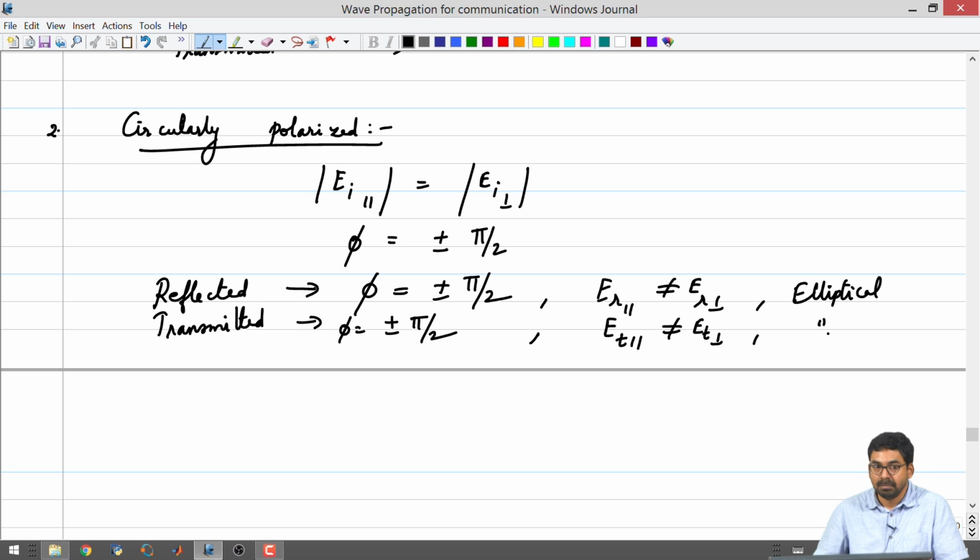Okay. Now, there is also another tiny detail that you will still have to remember. We have said that E r parallel is not equal to E r perpendicular. That generally means elliptical.